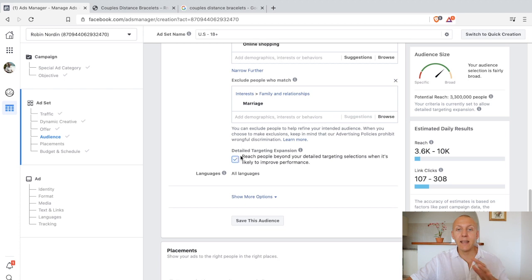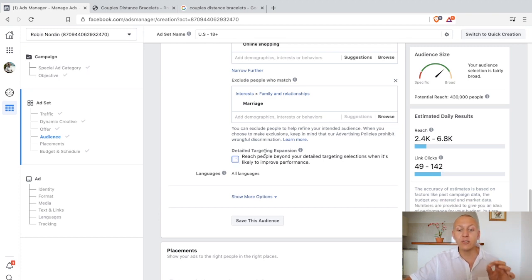So this messes up everything that we're trying to accomplish. Basically, by using this, we're giving Facebook more control and we're messing up our own data. So never use the detailed targeting expansion. Make sure that you do your own targeting, do it specifically, and then gather your own data. Try to give Facebook as little control as possible.